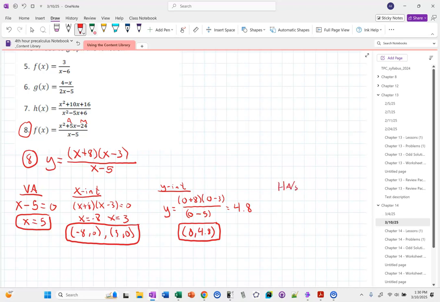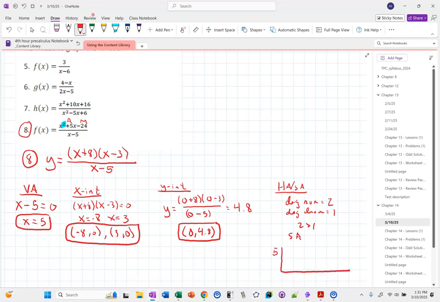Next, we'll look for any horizontal or slant asymptotes. To do that, we need to look at the degree of the numerator and the degree of the denominator. What's the degree of the numerator? 2, right? What's the degree of the denominator? 1. Because 2 is greater than 1, that tells me we have a slant asymptote. To find that slant asymptote, we need to do polynomial division.